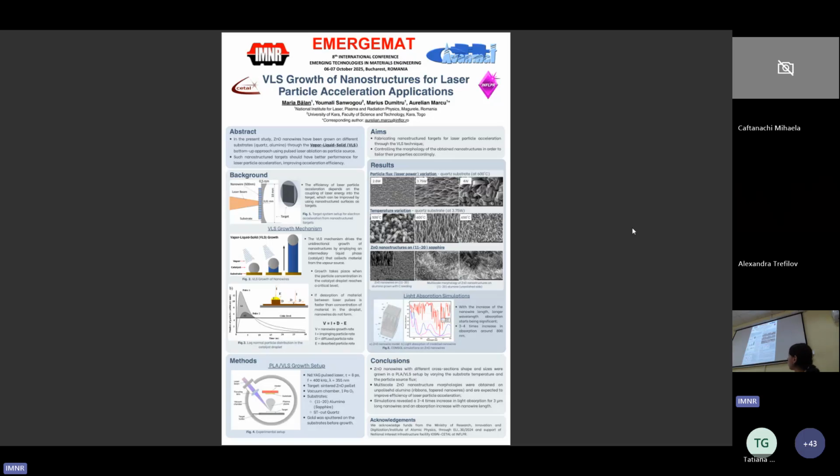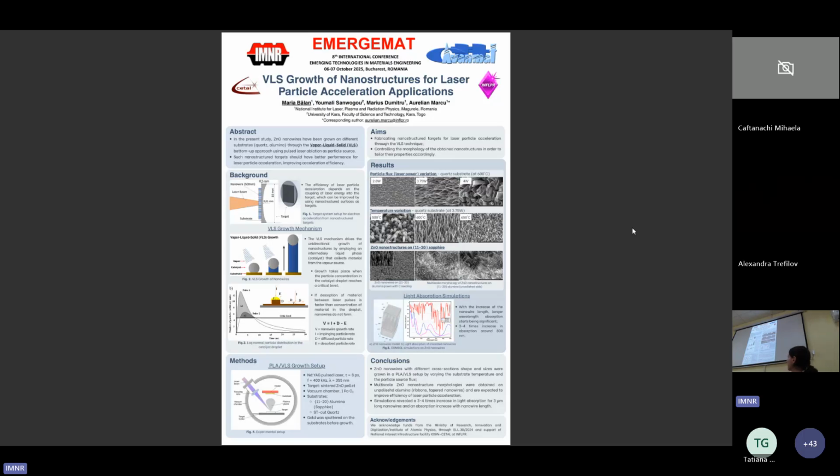We also grew some nanostructures on the unpolished side of the sapphire substrate, and thus we obtained more multi-scale nanostructures. These nanostructures were grown for use as targets for laser particle acceleration, but they can be used for many other applications as well, since zinc oxide is very versatile.